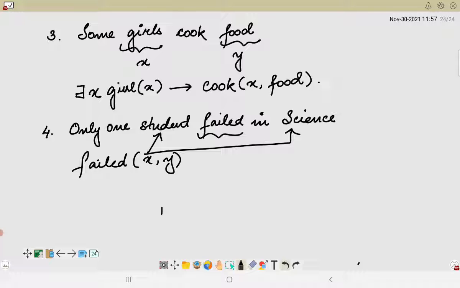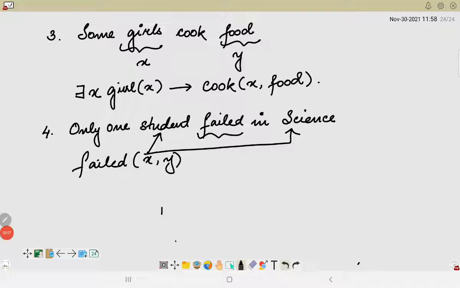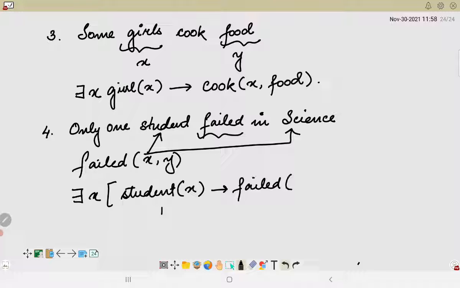So we have to represent this using a different notation. That is, first we have to write down what are the representations. Okay, so when we are representing this, we will use for some X. So student, if X is a student, then X failed in mathematics.